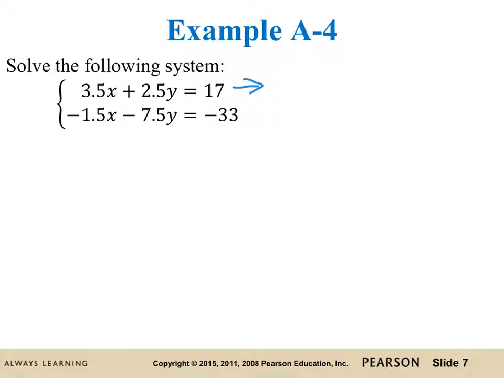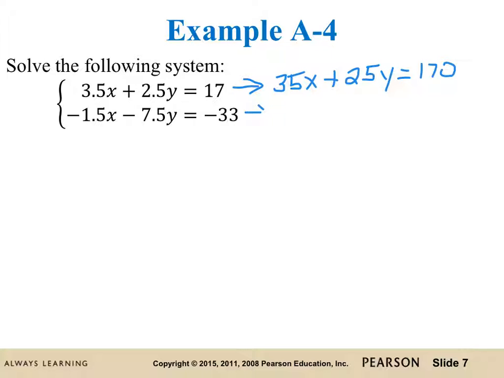And when I multiply through by 10, all that really does is move the decimal one place to the right. So this equation turns into 35x plus 25y is equal to 170.